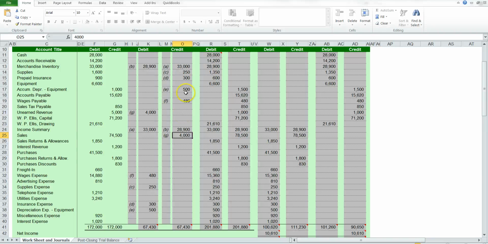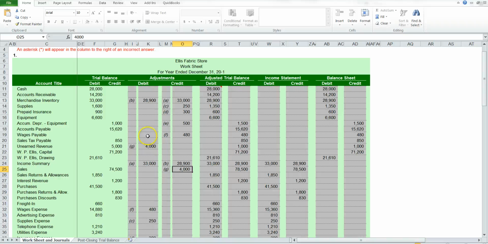So now that we've put in all our adjusting entries, we need to complete the worksheet, which is just taking our numbers and pulling them across, making sure that now the balances are correct. If we have a debit balance and we have a credit adjustment, it decreases the balance.